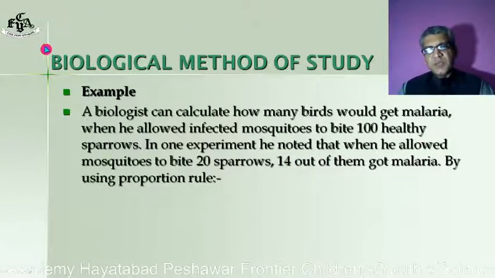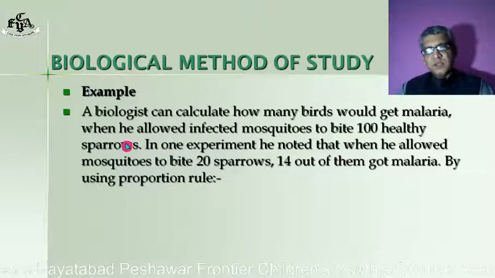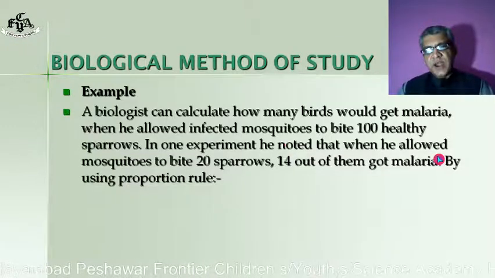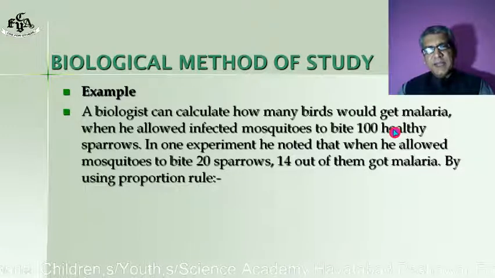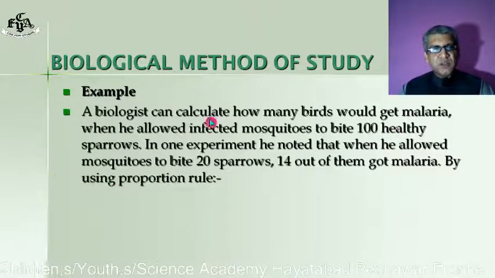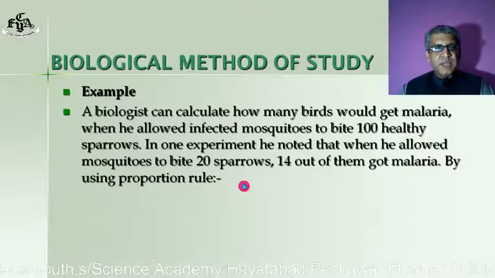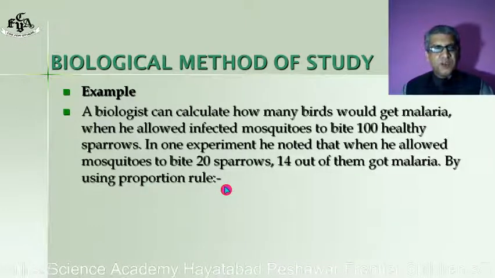By using the proportion formula, he can find out how many of the 100 healthy sparrows would get malaria. Let's solve this example.